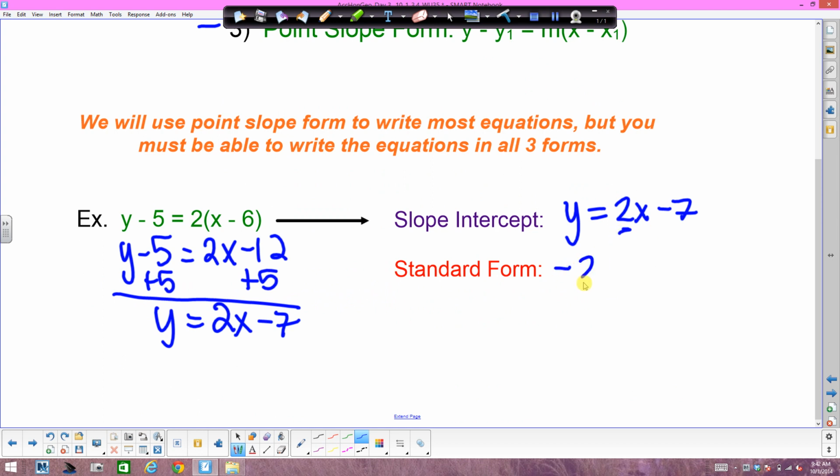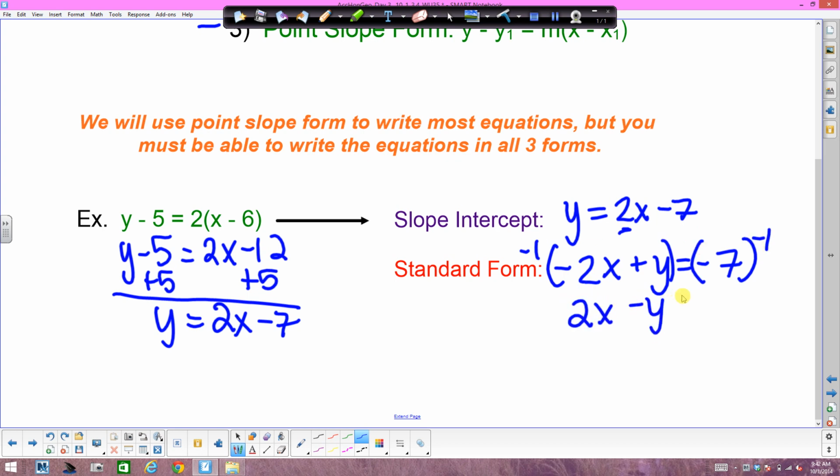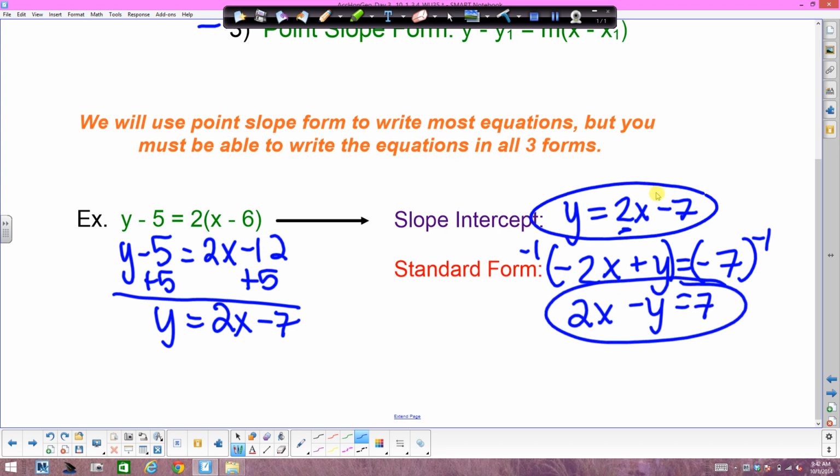So I'll have negative 2x plus y equals negative 7. In order to turn this a into a positive number, we're going to need to multiply both sides of the equation by negative 1. Then we would have positive 2x minus y equals positive 7. So this would be standard form, this is slope-intercept form, and this is point-slope form.